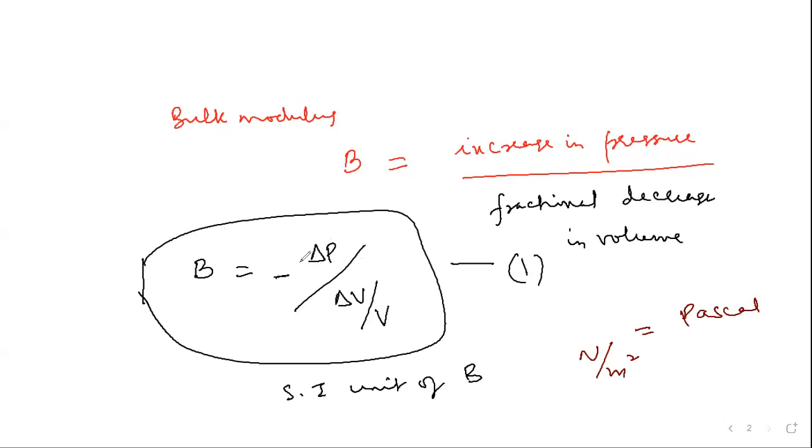So if your body has larger bulk modulus, then if I increase pressure by some amount on this body, its fractional decrease in volume is going to be smaller. If bulk modulus is smaller, that in other words means it is easier to compress the body, because you need smaller pressure if B is small.